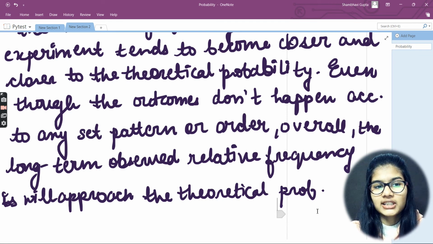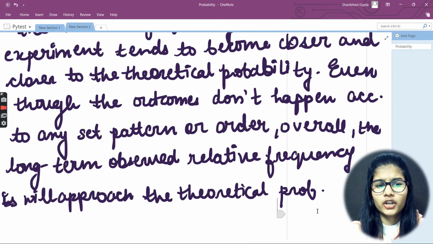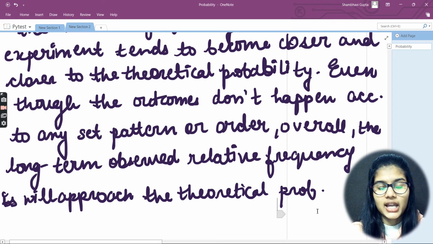It doesn't matter about any set pattern, the relative frequency will approach closer and closer to the theoretical probability. This is what the law of large numbers says, and it's one of the very important characteristics of a probability experiment, that is to be known and also kept in mind.